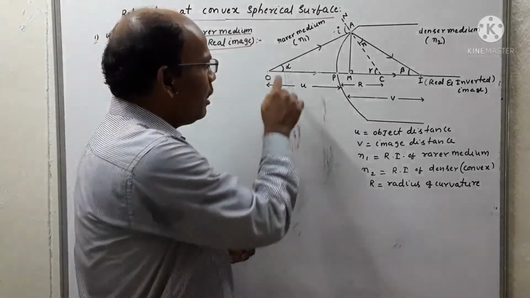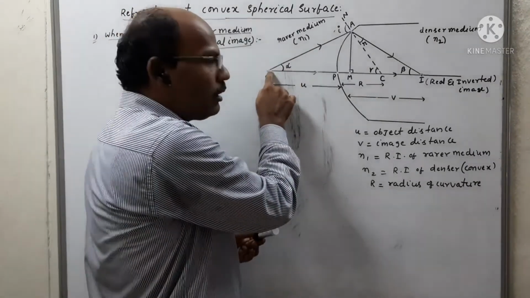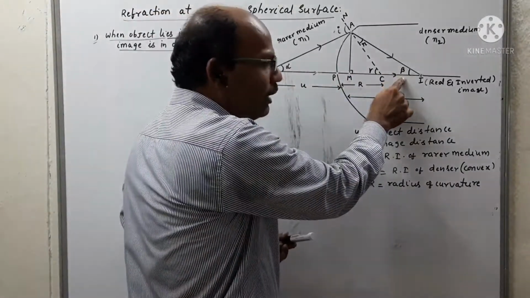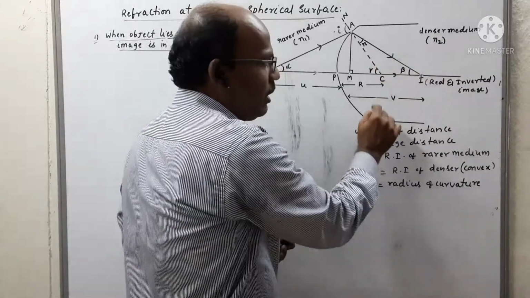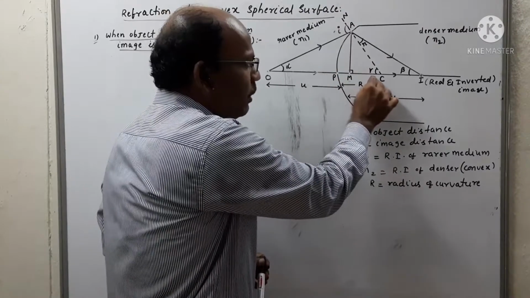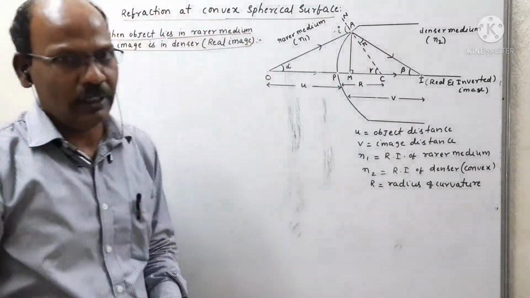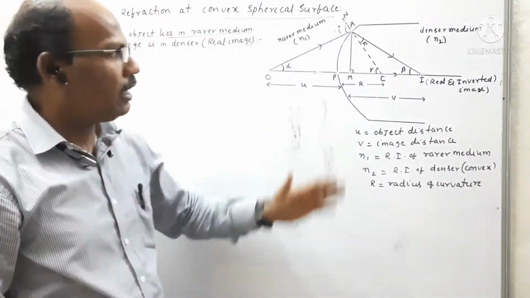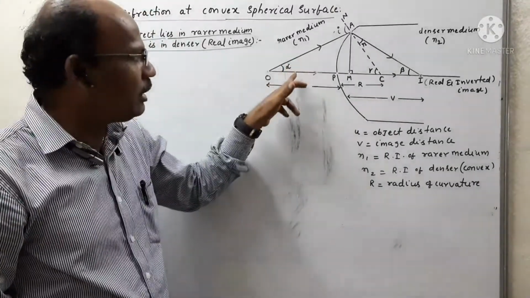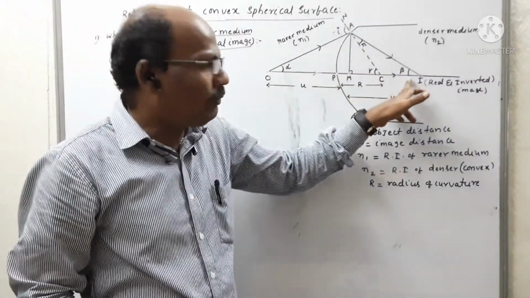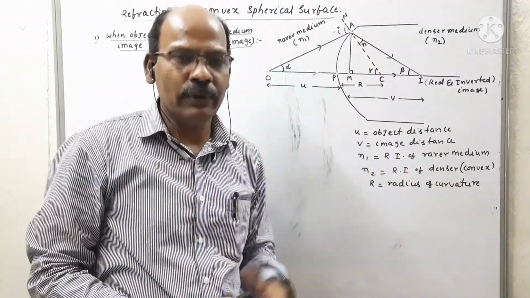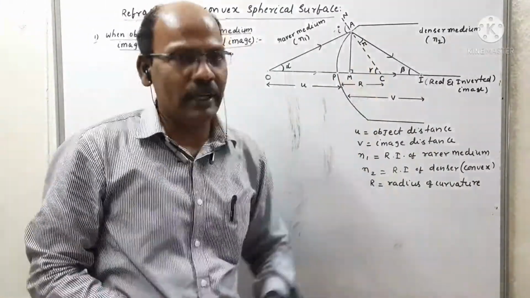Here we can assume that alpha is the angle between the incident ray and the principal axis. Similarly, beta is the angle made by the refracted ray of the image with the principal axis. And gamma is the angle made by the principal axis with the center of curvature. So alpha, beta, gamma are the angles made by the incident ray, the refracted ray, and the center of curvature of the convex surface with the principal axis.